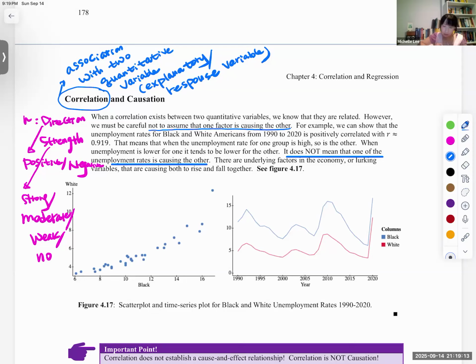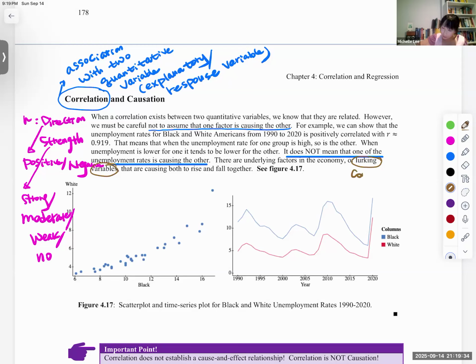They are underlying factors in the economy, or lurking variables. So we talk about the lurking variables, confounding variables, right? Remember? So confounding, there are other factors included in that study too, right?